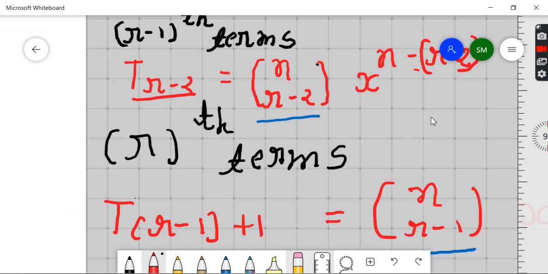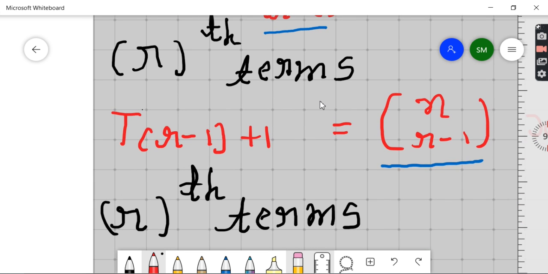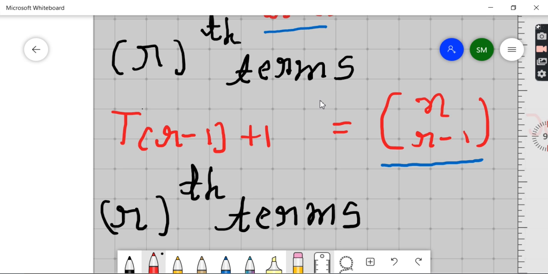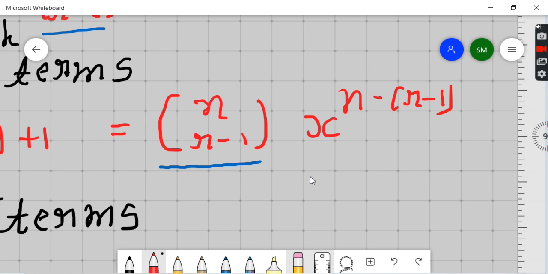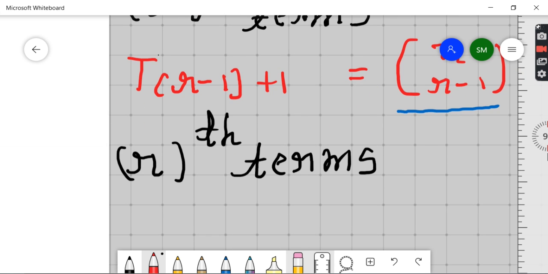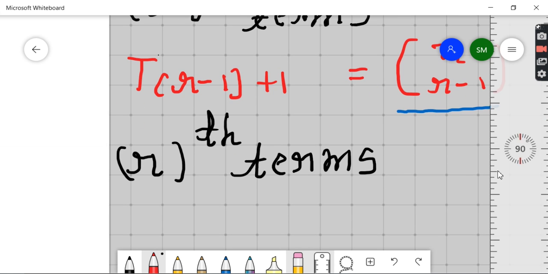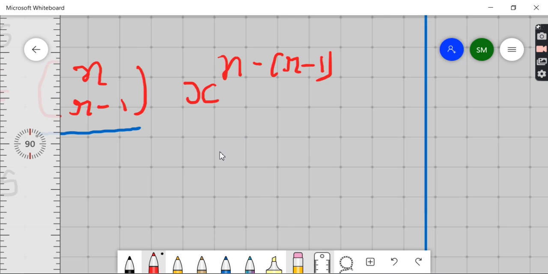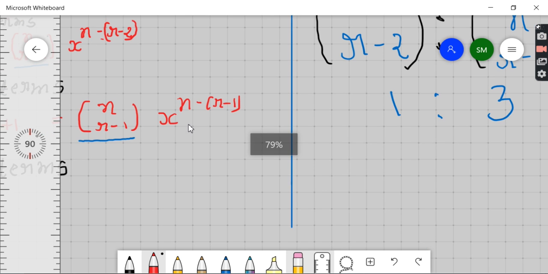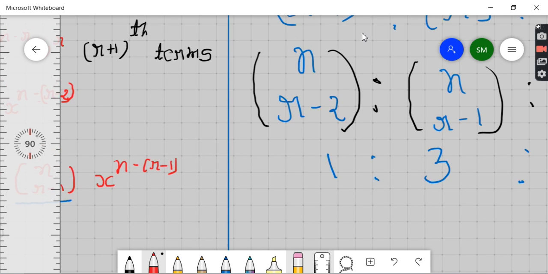Similarly, if you want to find out the rth term, then T(r-1+1) is equal to nC(r-1) x raised to (n-r+1). This will give you the rth term, and the (r+1)th term we already found out. Now I am interested only in the coefficient.